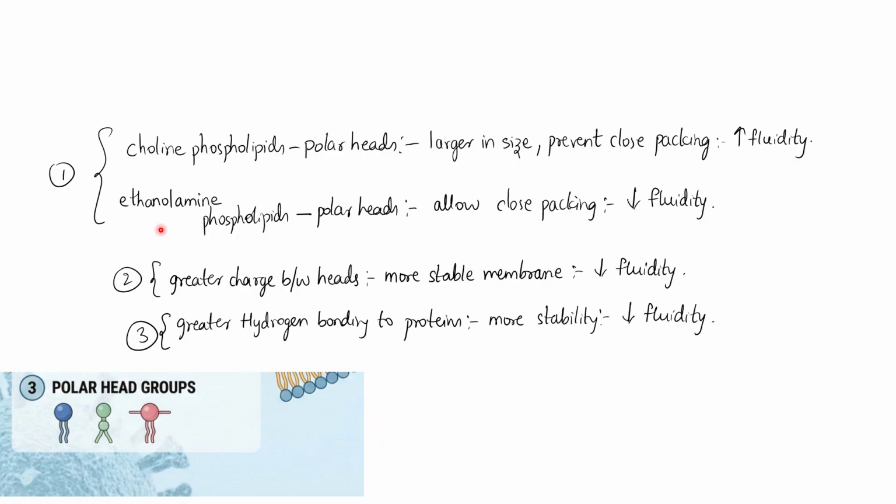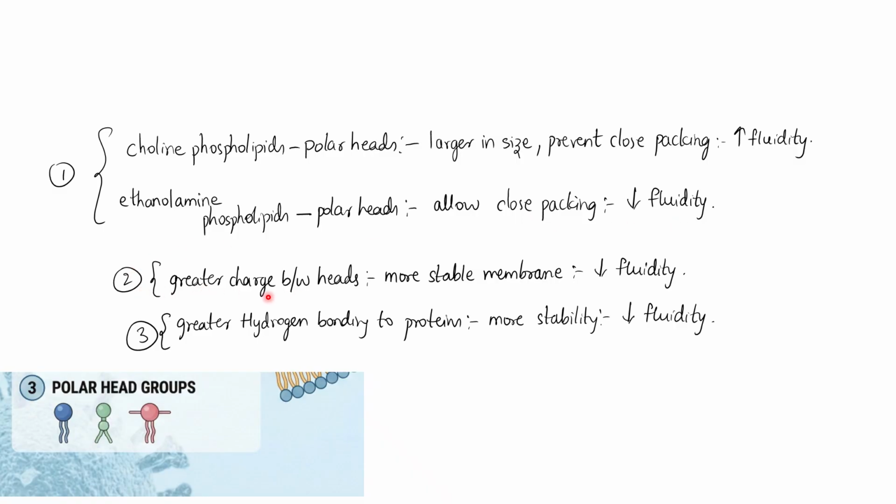Whereas the lower layer of the bilipid layer, containing higher amounts of ethanolamine phospholipids, there the polar heads are smaller in size. Because of that, the heads and the layers are closely packed. Since they are closely packed, there will be less fluidity.